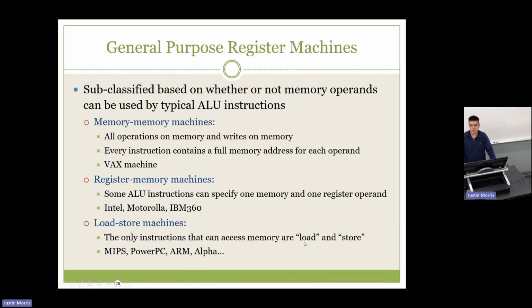If you want to operate on anything in memory, you have to first load it into the register file, and then you can operate on the register file. When you're done with that set of instructions and you have your results, you can then store that result from the register file to memory. So again, MIPS is what we're going to focus on.